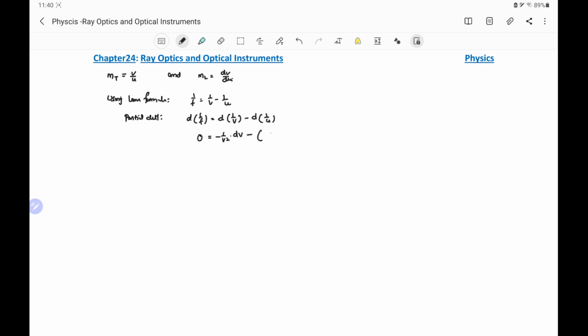Similarly, for 1 by U, it will be minus 1 by U square into dU. Rearranging the terms, we will have 1 by V square dV, bringing this term to the left hand side, and it will be equal to 1 by U square into dU.